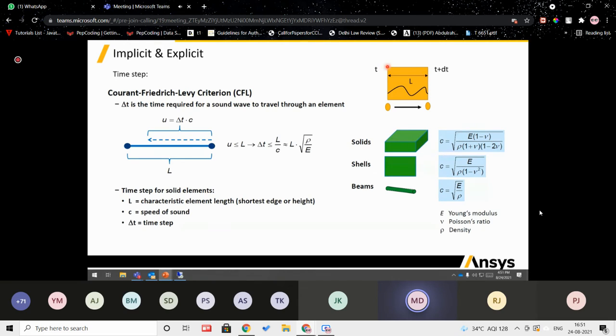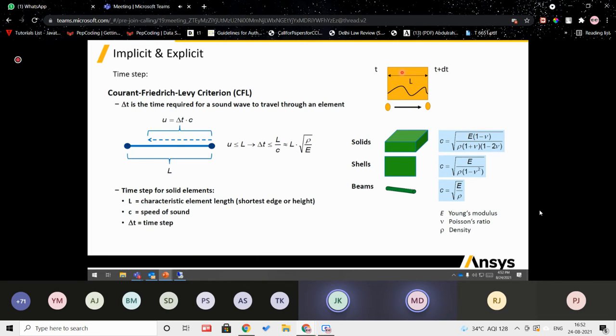And if my solver has reached this point before X, then the system becomes unstable, because we cannot get the displacement or forces at this location before my stress wave reaches that point. So for a stable calculation, we need to have solver time lesser than this stress reaching time. That time is known as your critical time. So how can we find that time?